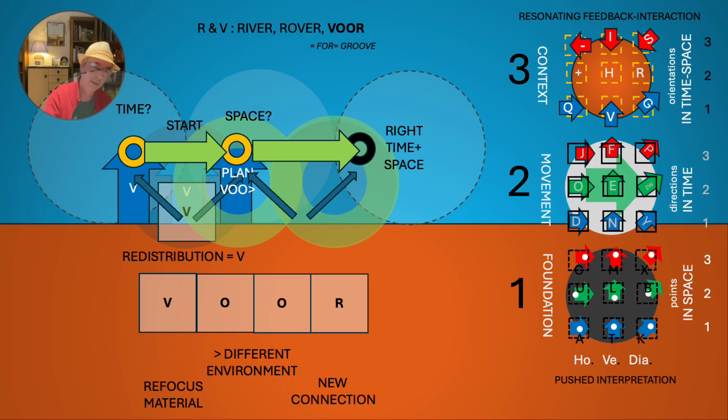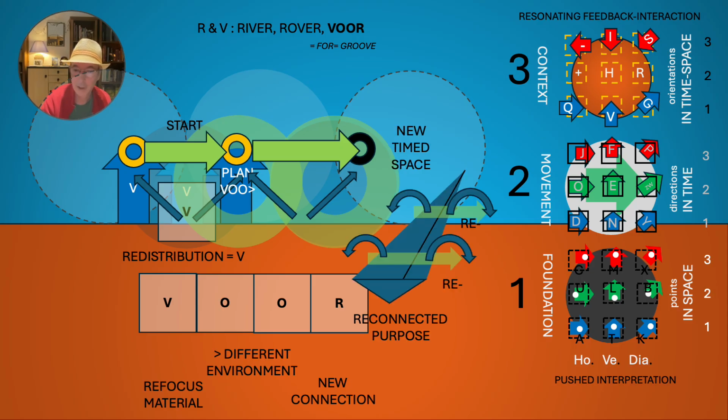So I have these two stages. Where's the time? What time shall I do this? What space shall I use? It's all there until I find the right time and space to redistribute it. So I refocus the material, give it a different environment, make a new connection, and I have it. Basically, that's how the groove in the ground is produced.